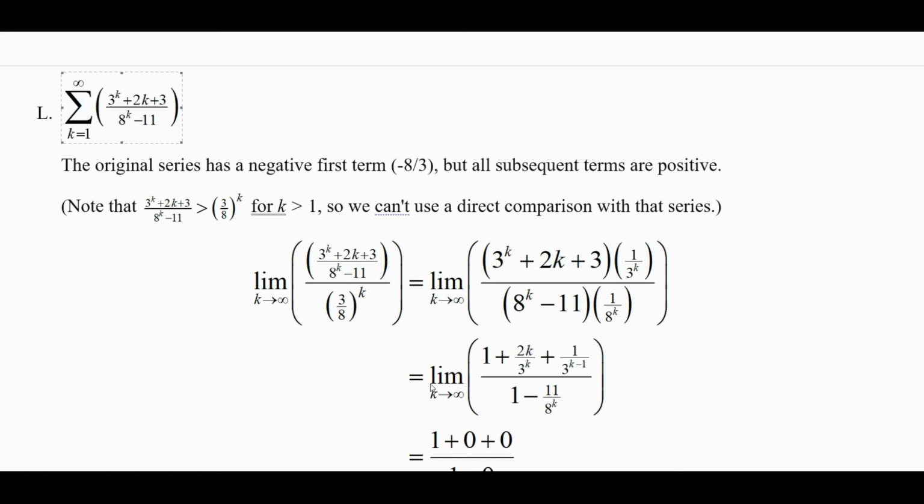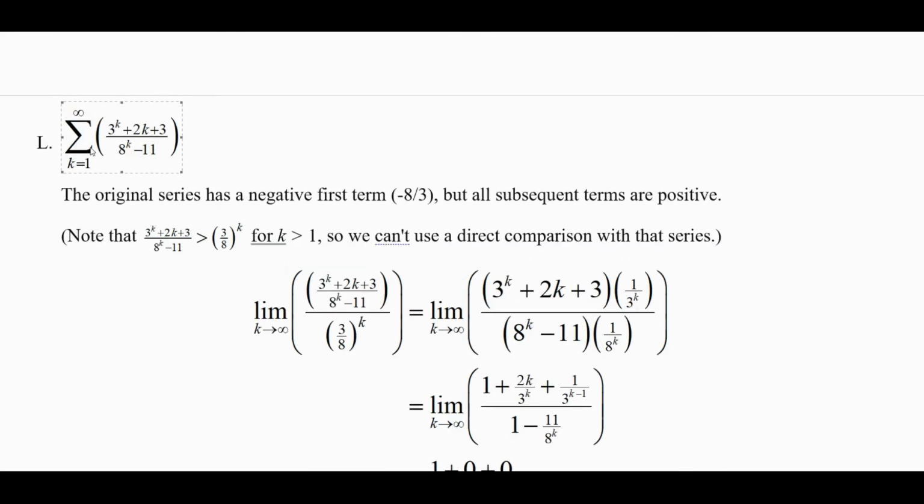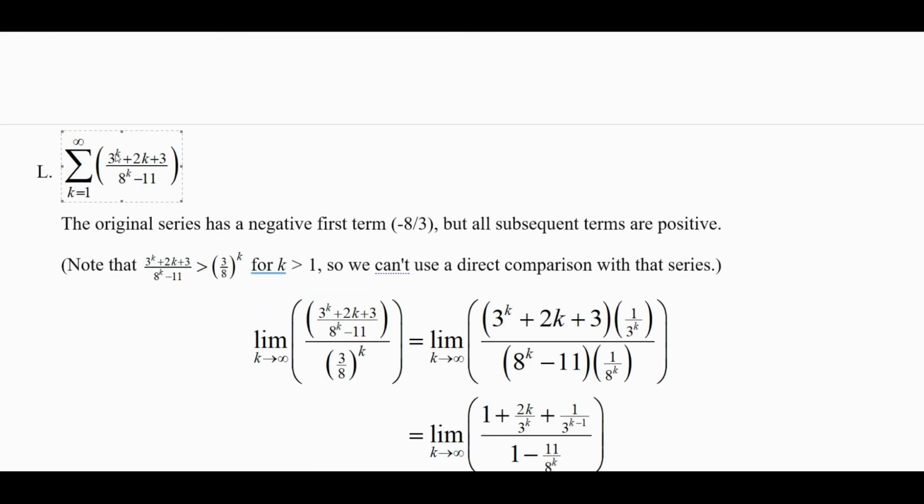And that's okay. The first term is negative when I have that. So that's something positive in the top, and you have 8 minus 11 is negative 3. So it's negative 3 in the bottom, and 3 plus 2 plus 3 more is 8. So negative 8/3 is the first term, but all the rest of the terms are positive.